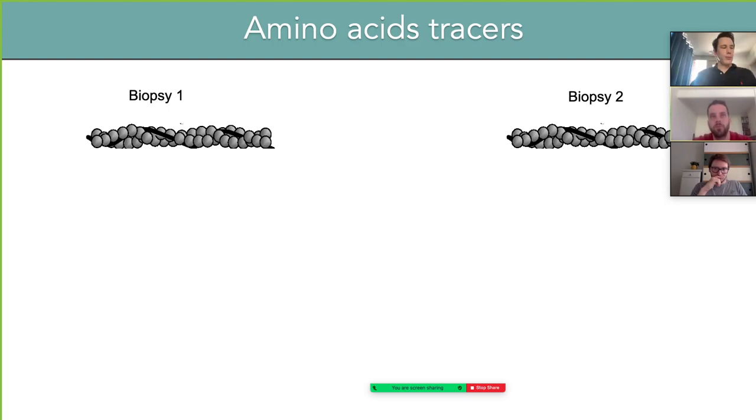To measure muscle protein synthesis, you have to take muscle biopsies. So for example, we take a muscle biopsy here, and then 5 hours later, we take a second biopsy. And then the question is, how fast is muscle growth or muscle recovery or muscle protein synthesis? But you can't simply put your muscle underneath a microscope and say muscle growth is occurring or muscle recovery is occurring, because how would you measure that?